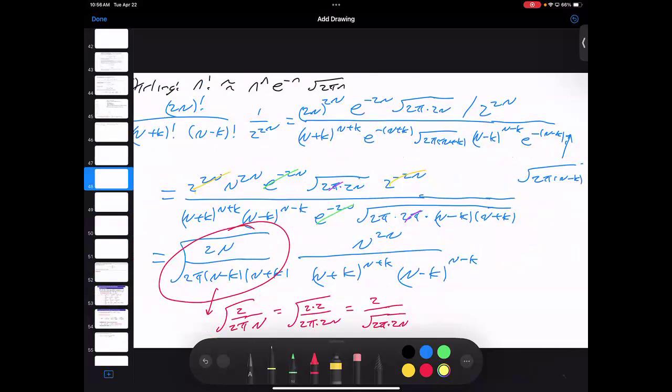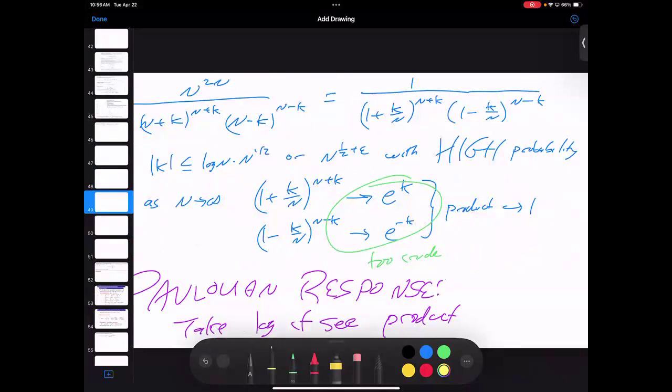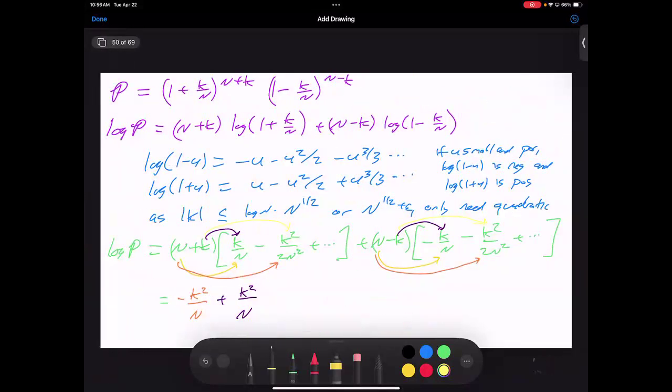So we definitely want n plus k, we want n minus k. We have 2 to the n. N plus k, n minus k. No, that's all right over here. And so now take logs. On the orange term, should there be 2 in the denominator still? It would be lovely if that were the case.